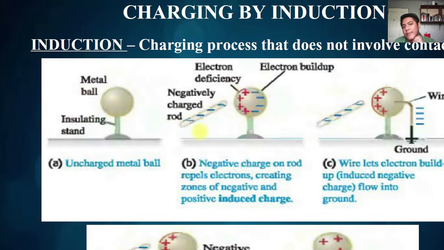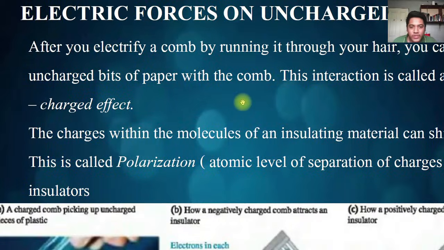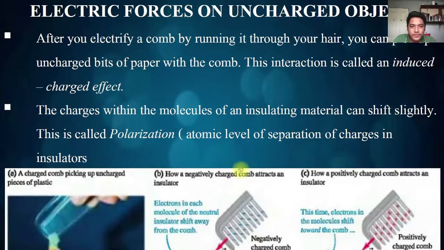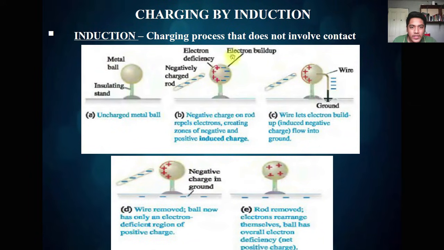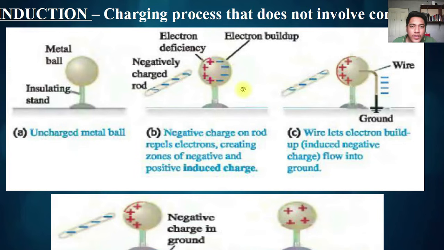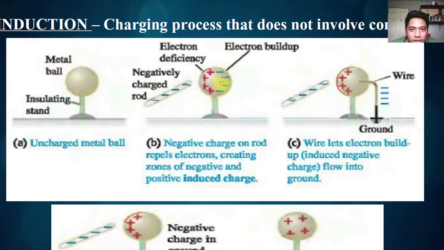Upon bringing this negatively charged rod close to the metal ball, there is a separation between the positive charges and the negative charges in the metal ball. As you can see in our figure, we have 4 positive charges and 4 negative charges, which indicates that this metal ball is neutral.